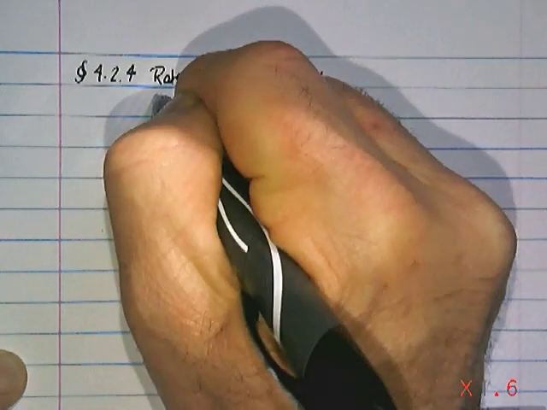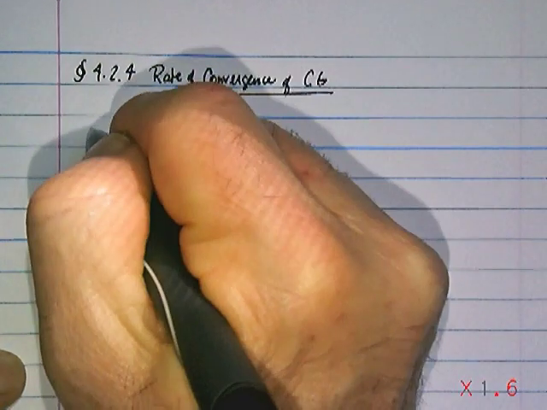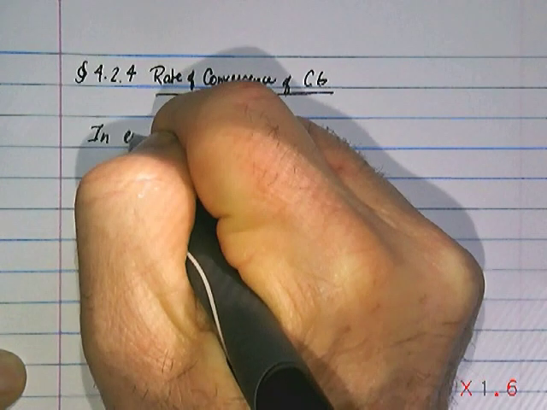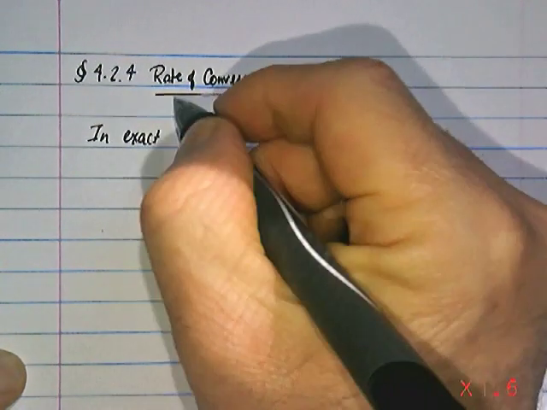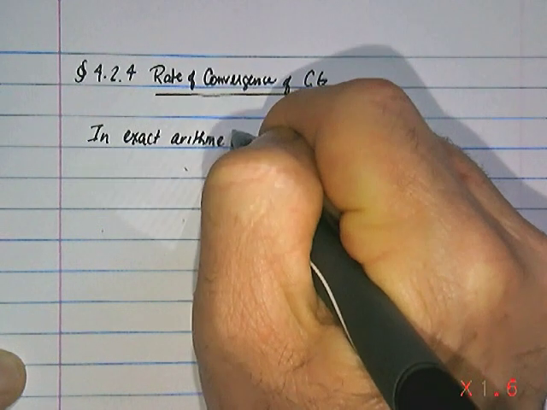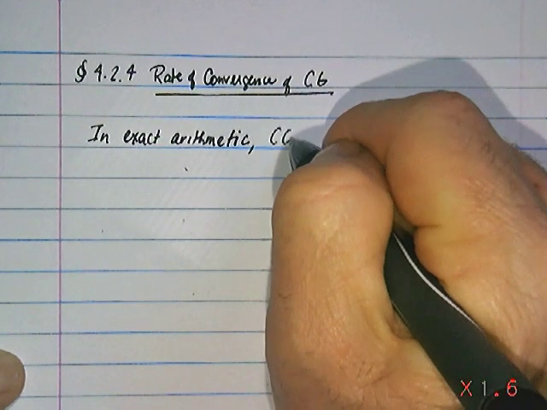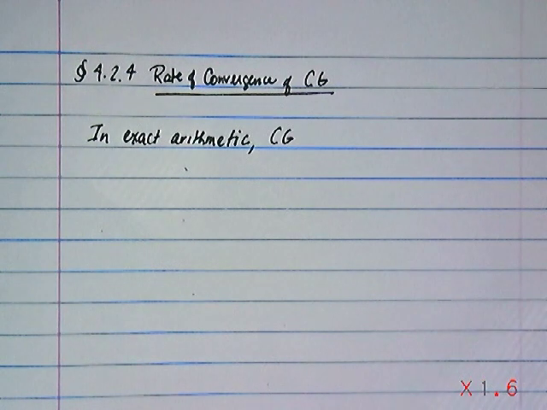Okay, so as I mentioned in class, in exact arithmetic, with no catastrophic errors and no round-off errors accumulating, because those residual vectors become an orthogonal basis for your Krylov subspace, you should be able to converge exactly to the exact solution in n steps.